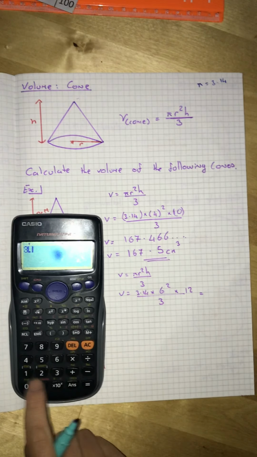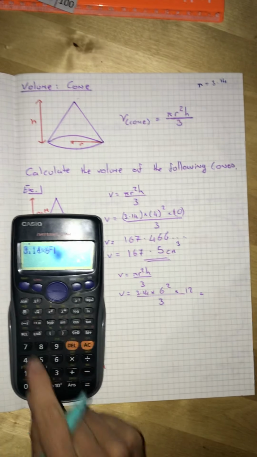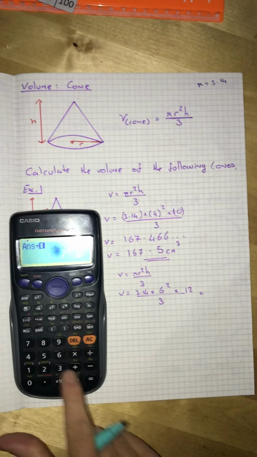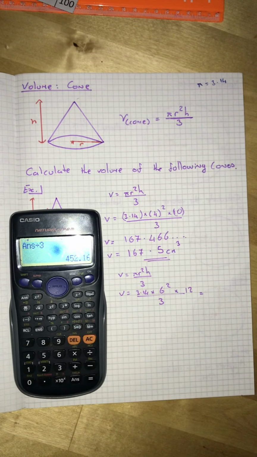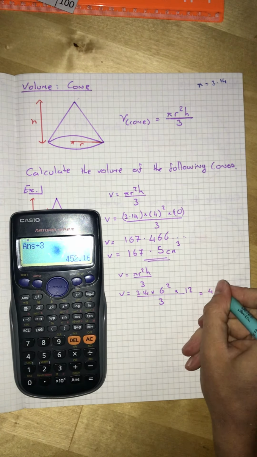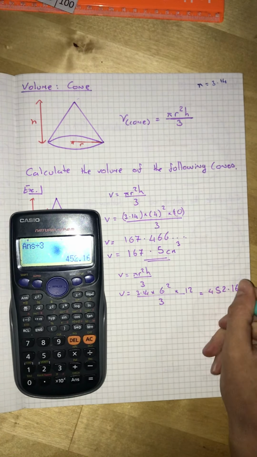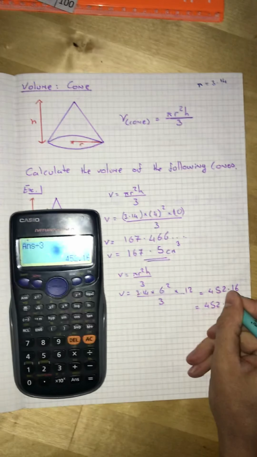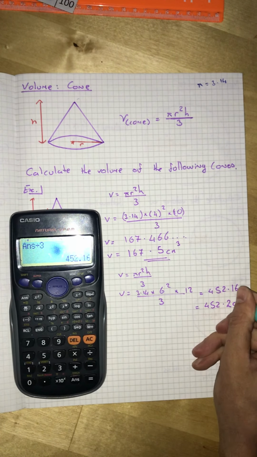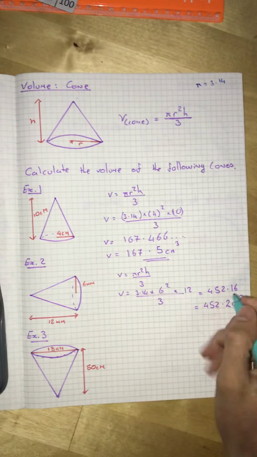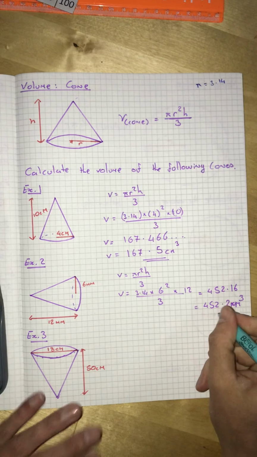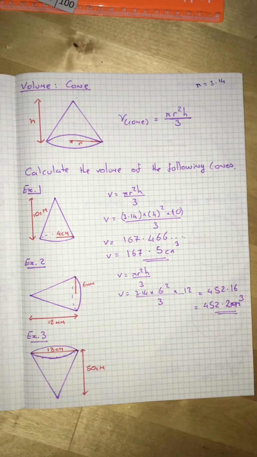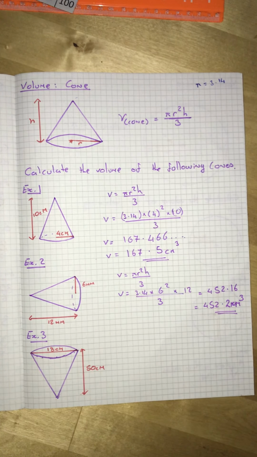So I do 3.14 times 6 squared times 12, all divided by 3, and then I press equals, 452.16, which to one decimal place would be 452.2 millimeters cubed.